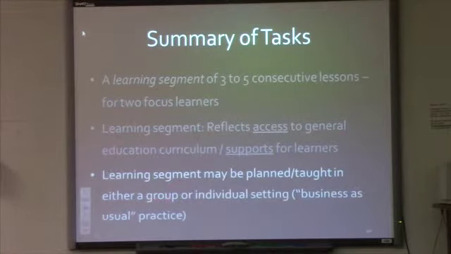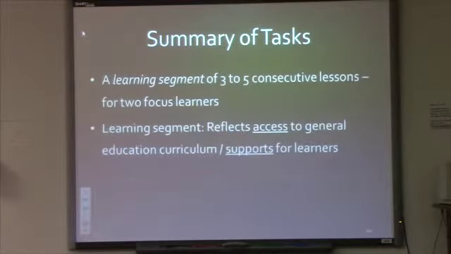If it's in a small group, for example, it's business as usual. They are not learning in the whole class environment. You will have to take them out after some sort of teaching and work with them in a small group because they need additional supports to be able to access the general education curriculum.